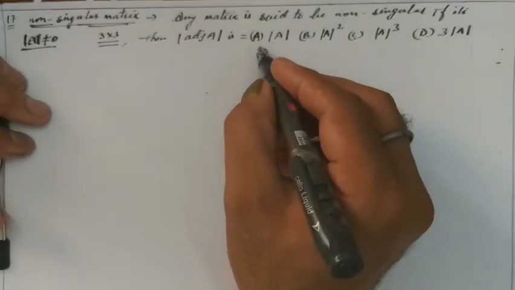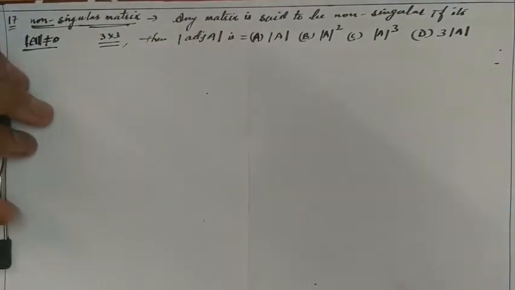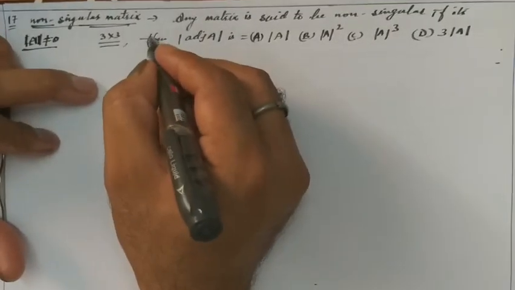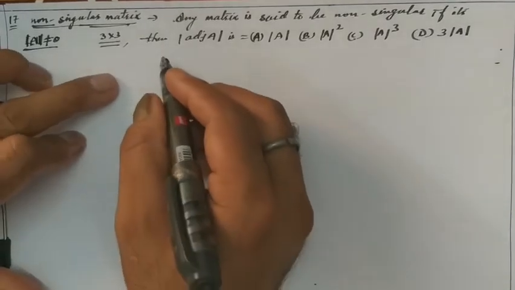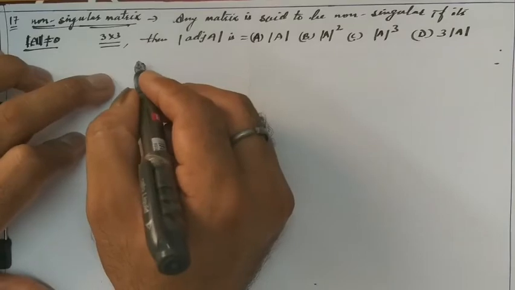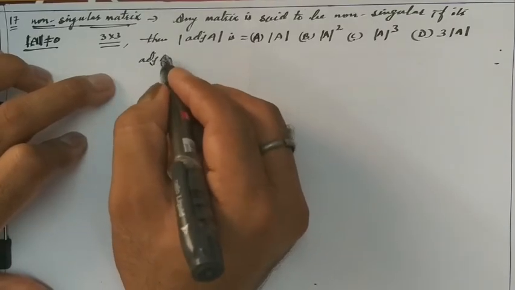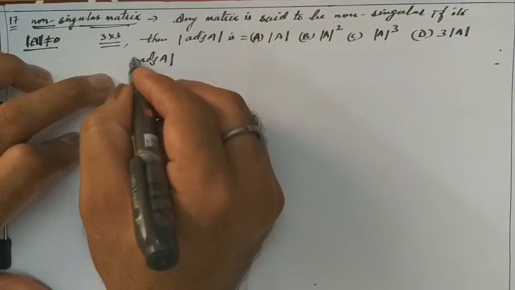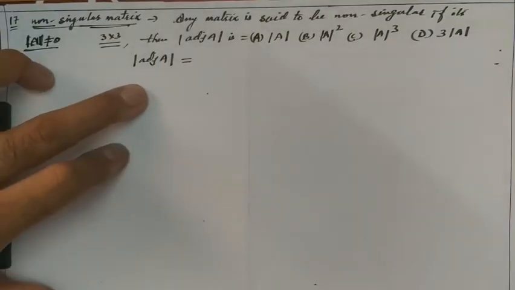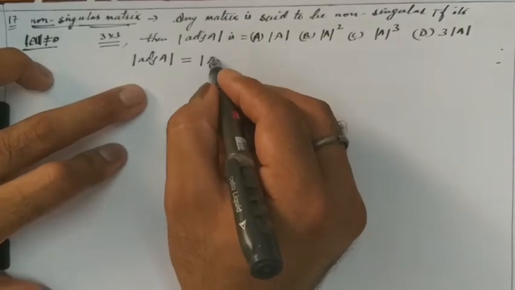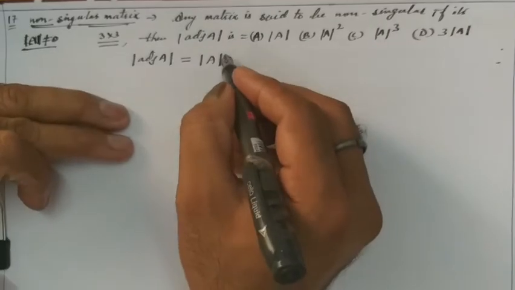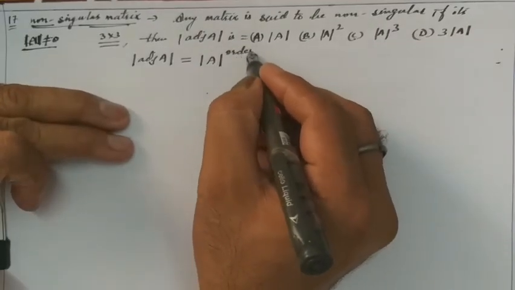So to get the right option, you need to learn one formula, that is, the determinant of adjoint of matrix A is equal to simply the determinant of that matrix power order minus 1.